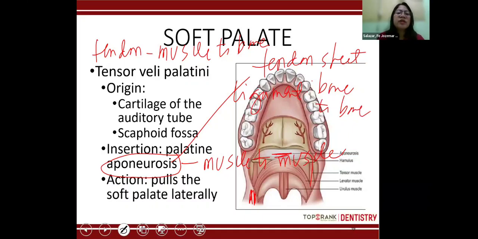The action of the tensor veli palatini is to pull the soft palate laterally, creating tension on the muscle. So again, tendon connects muscle to bone, ligament connects one bone to another bone, and aponeurosis connects one muscle to another muscle.